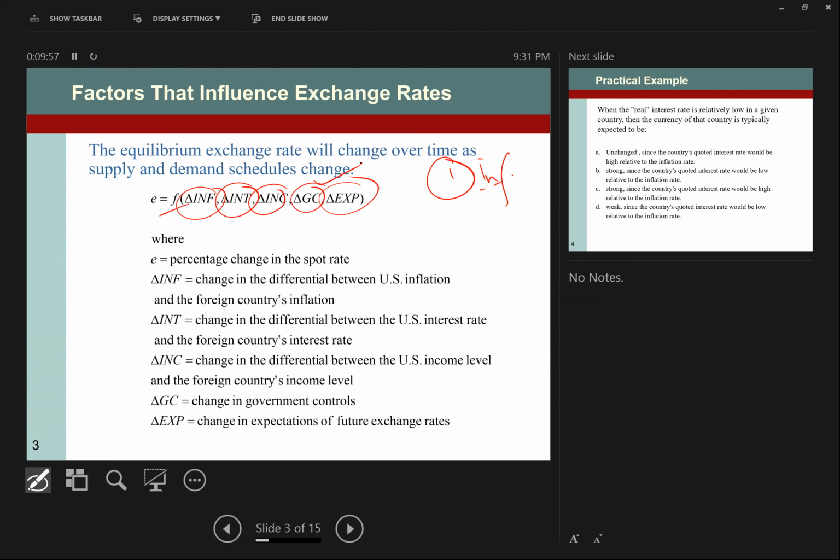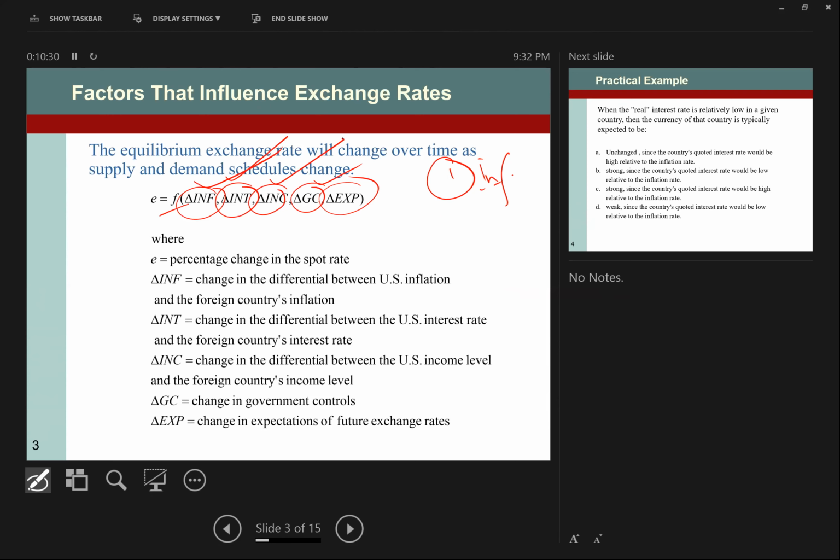If the government pumps money supply into the country, it increases inflation. Due to this government control, inflation is increased, and our currency has depreciated. If government controls are initiated to increase the income, our country's currency will depreciate.